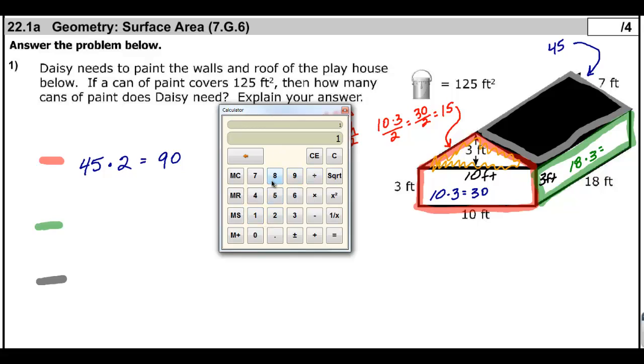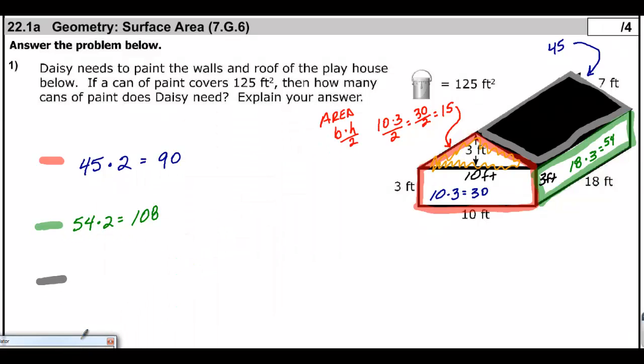Real tools for real projects. So 18 times 3 gives us 54, and that 54 has to be multiplied by 2. 50 times 2 is 100, 4 times 2 is 8, so 108, because on the other side of this there's another 54, so 108 altogether.